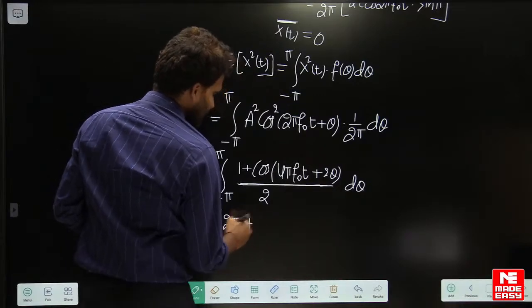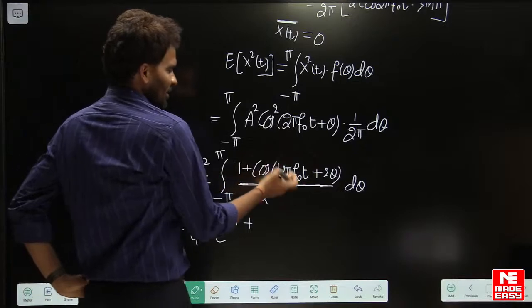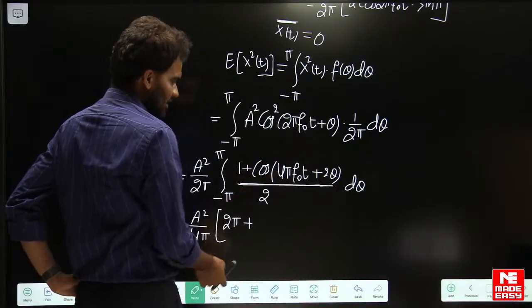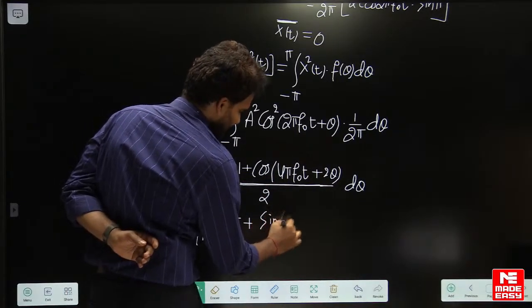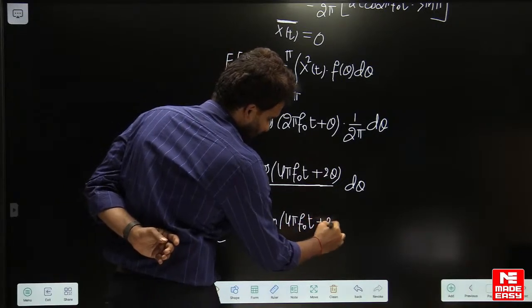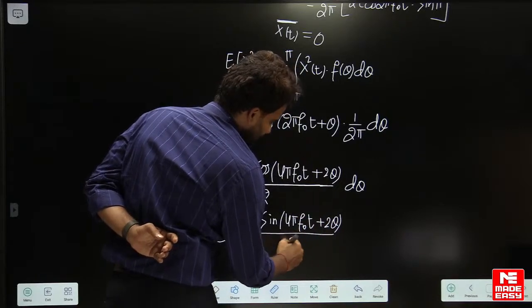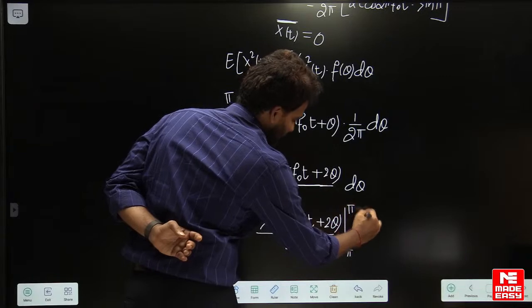For the second term, integration of cos will be sine, so this is sine of 4 pi f naught t plus 2 theta by the differentiation of this with respect to theta, that is 2, from minus pi to pi.